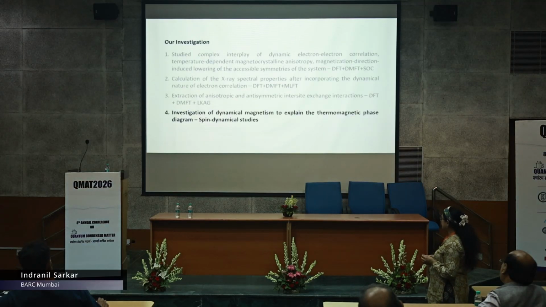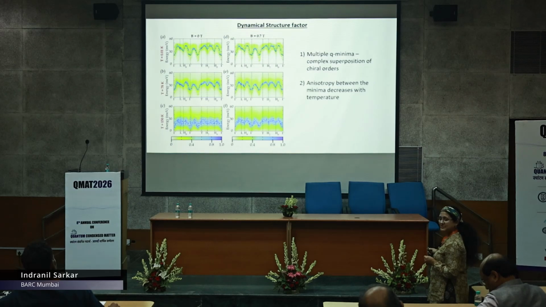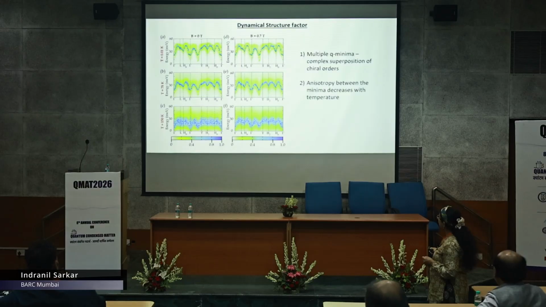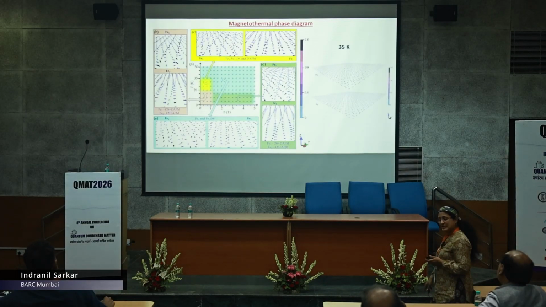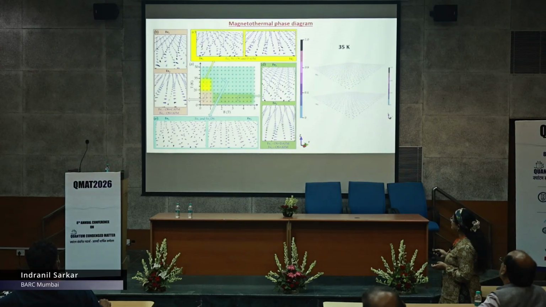And the last one is our spin dynamical studies, where we have looked at the dynamical structure factors. We have plotted them with temperature and shown that there are multiple Q minima present within this system, and that the anisotropy between these multiple Q minima decreases with temperature. Magnetothermal phase diagrams were also calculated for this system, where we vary our field from 0 to 5 Tesla and 0 to 50 degrees, and we have shown that various kinds of complex magnetism or magnetic spiral arrangements are there.